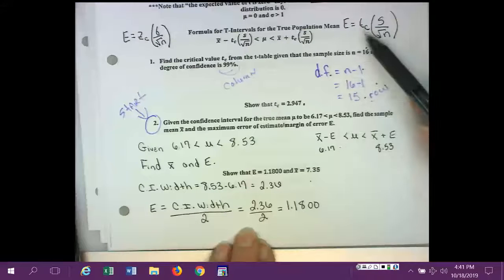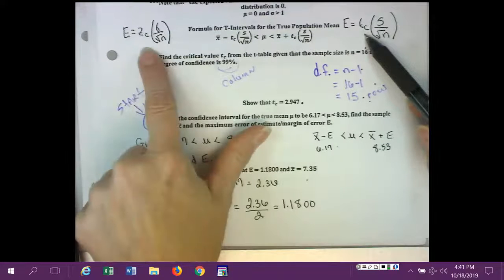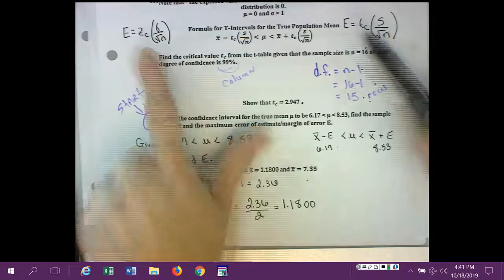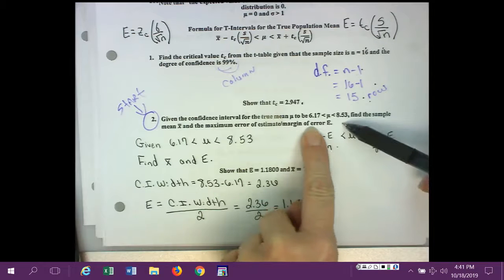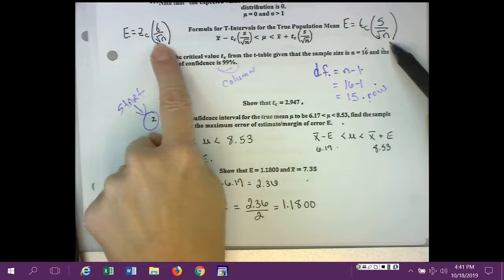For this problem, you cannot use either one of these formulas because you're not given enough information. They only give you the final answer in terms of the confidence interval, and we know it's a confidence interval for the true mean. We are not told if it's a Z or if it's a T. We are not given a sample size.